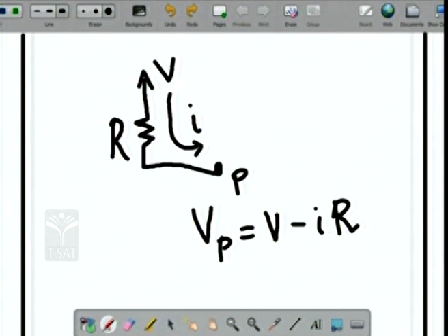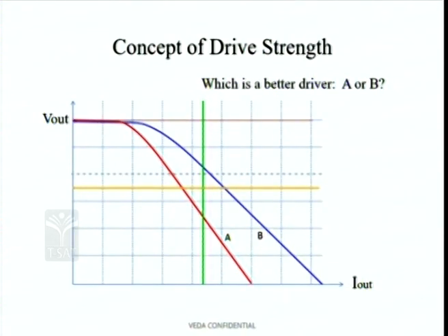Therefore, we can say that the slope of either curve A or curve B, which are two different characteristics of two different drivers, represents internal resistance.